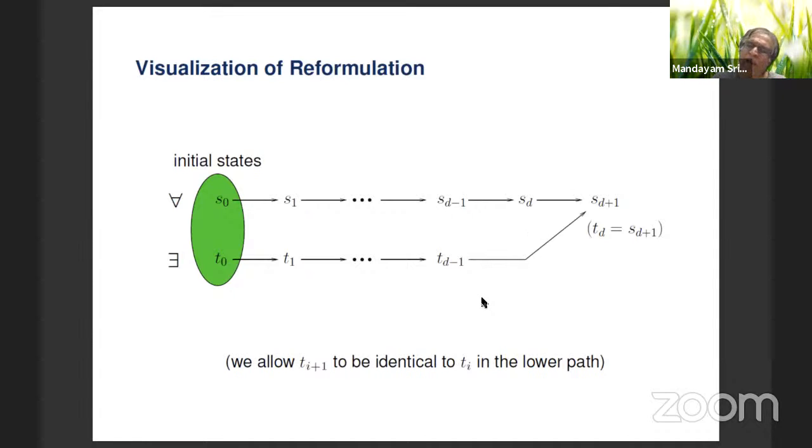Theoretically it is possible, and people have looked at whether it can be expressed as a function of the diameter and the recurrence diameter of the transition system for any given formula.